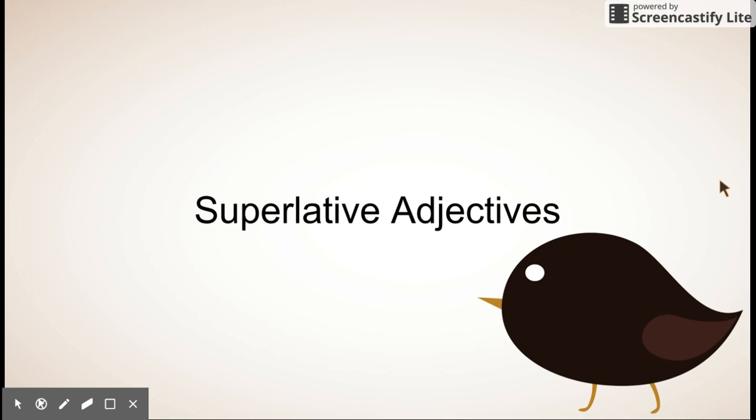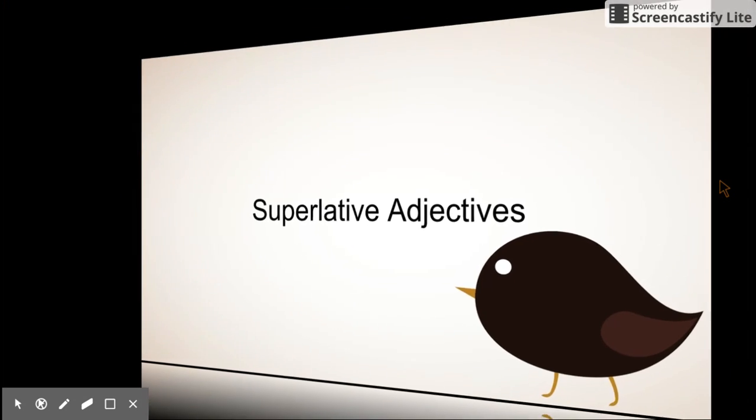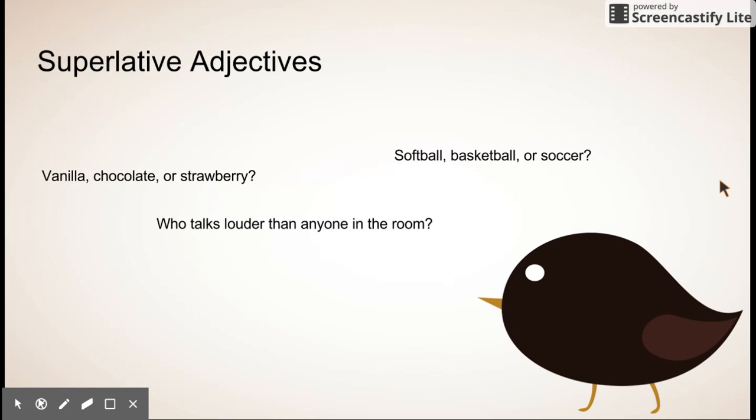So then we have superlative adjectives. And if we look at the morpheme super, it means above, over, or beyond. So adjectives that are superlative are above the rest, the best, and so on. These are adjectives that are modifying nouns that are the best of the bunch. So there is definitely more than two.